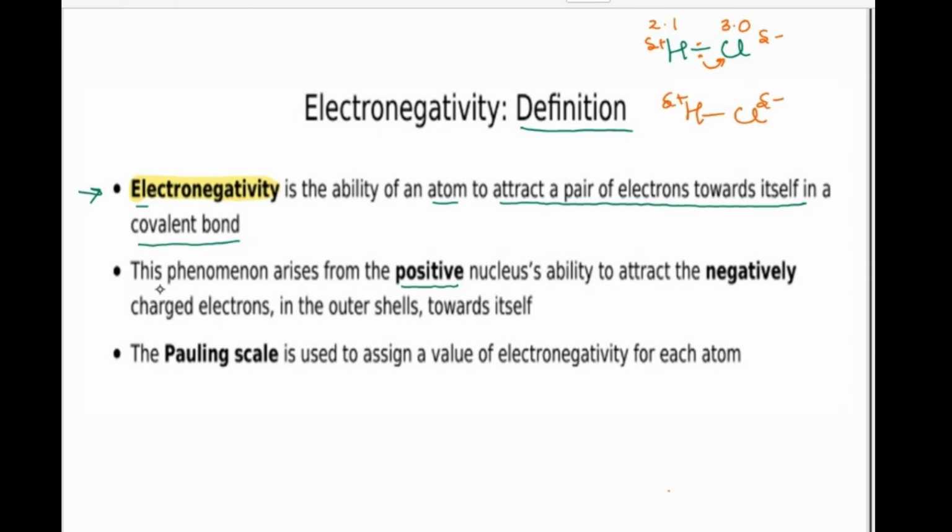Okay, so here they're saying this phenomenon gives rise to the positive nucleus's ability to attract the negatively charged electrons, and the values are assigned on the basis of the Pauling scale. Right now I talked about 2.1 and 3.0. These are the values given on the Pauling scale.